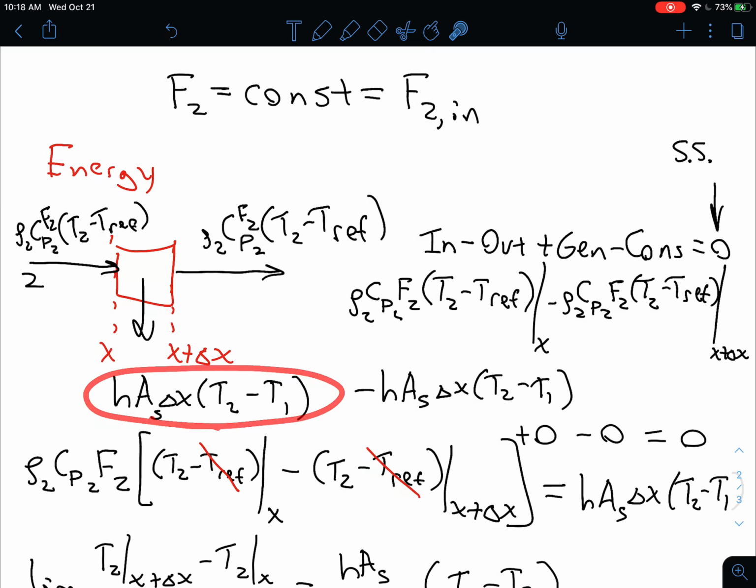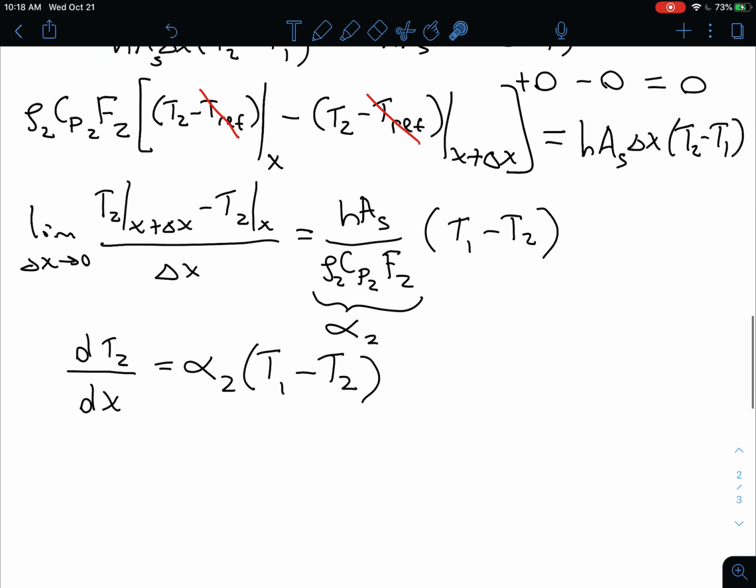This term is negative. So it turns out not to matter. In fact, if I had made the assumption that stream 1 was the hot stream, then it would have made sense for me to treat this as an input. But if that's the case, I would have actually had to put T1 minus T2 to describe this term. And so in the end, I would have gotten the same result.